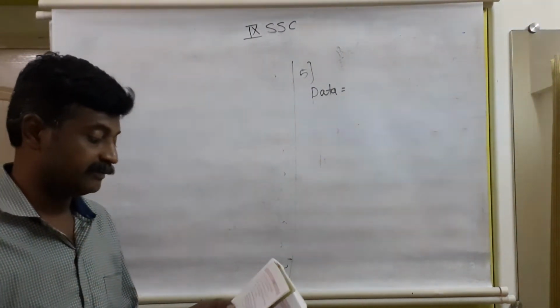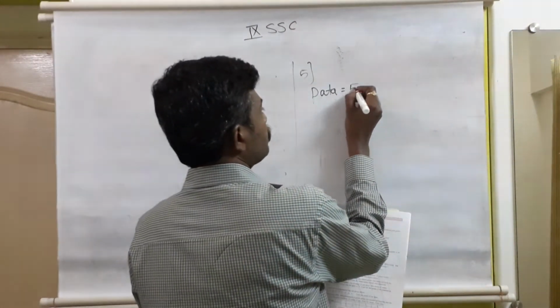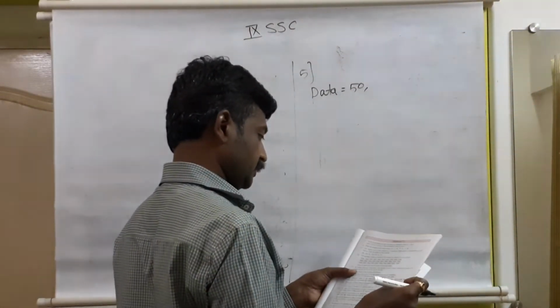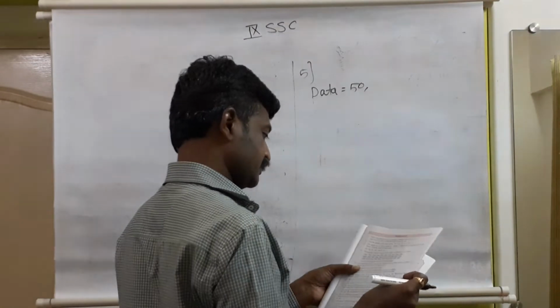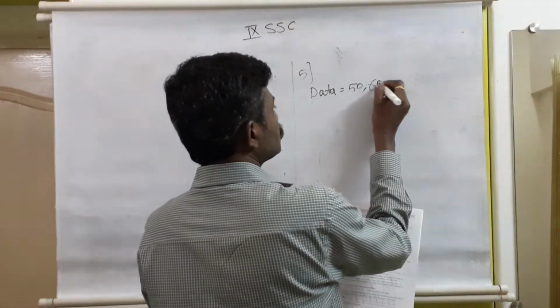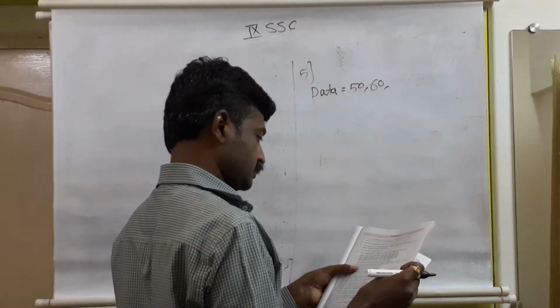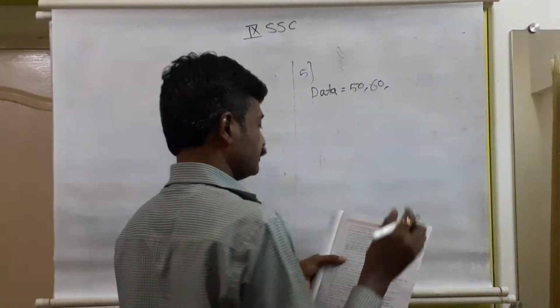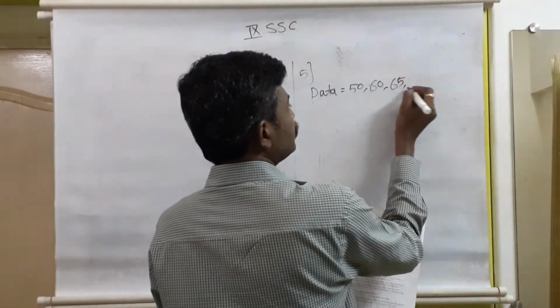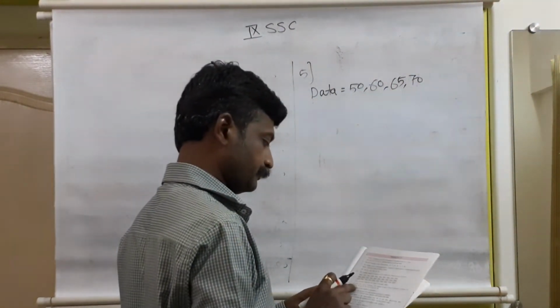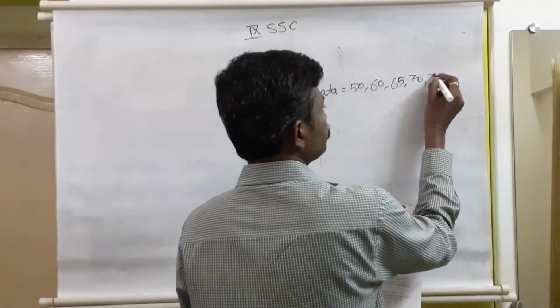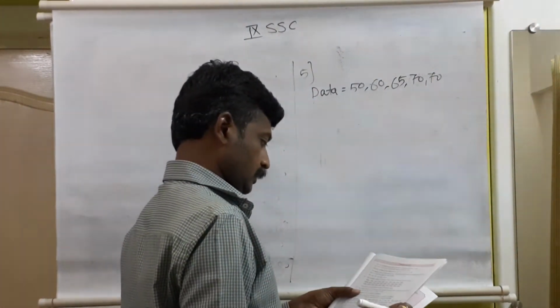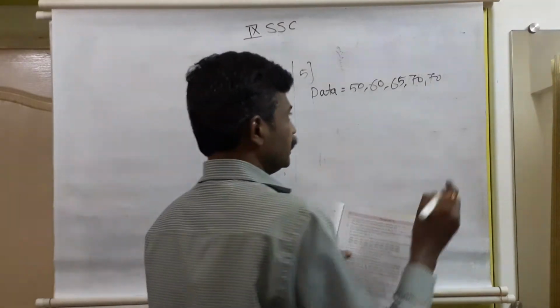The minimum given is 50. After 50, it is 60. Then after 60, the next bigger is 65. Then there it is 70. 70 is twice. Then after 70, 80 is there.